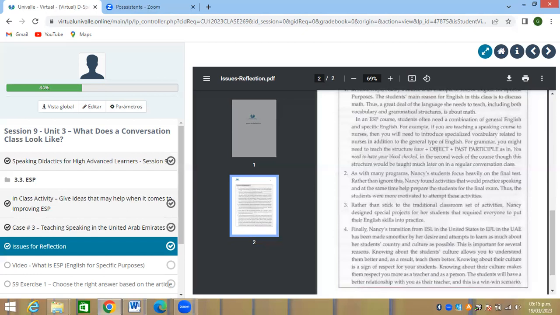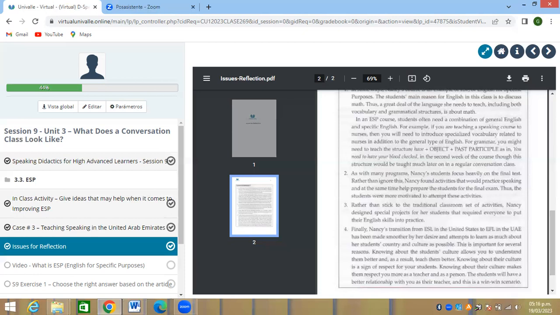Knowing about the students' culture allows you to understand them better and, as a result, teach them better. Knowing about their culture is a sign of respect for your students. It makes them respect you more as a teacher and as a person.